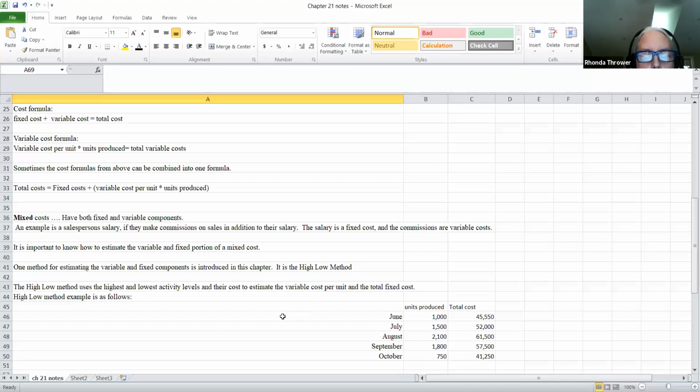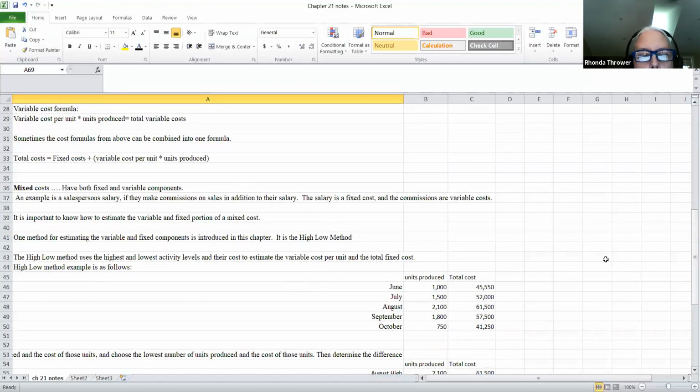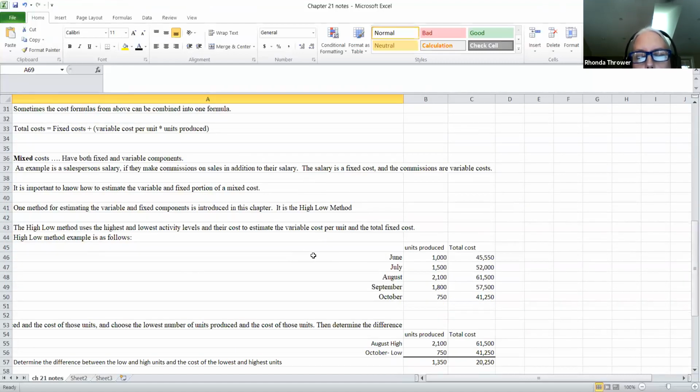Remember, a mixed cost has both fixed cost and variable cost in it. So we have to have a way to determine what is our fixed cost and what is our variable cost. And the High-Low method will allow us to do this.